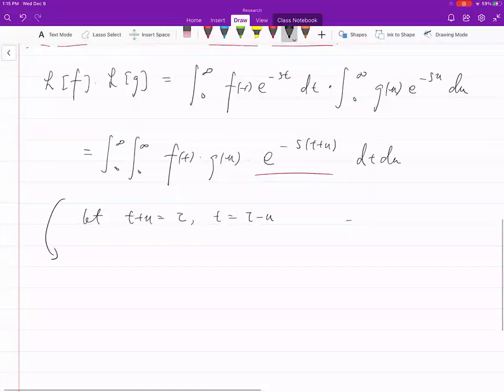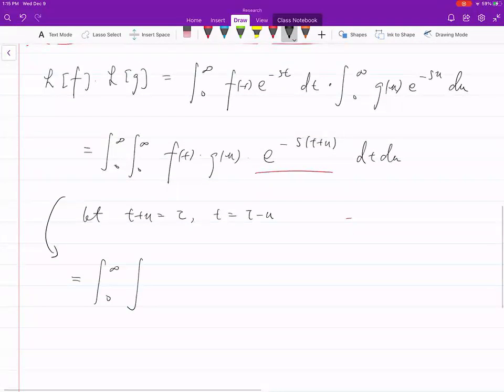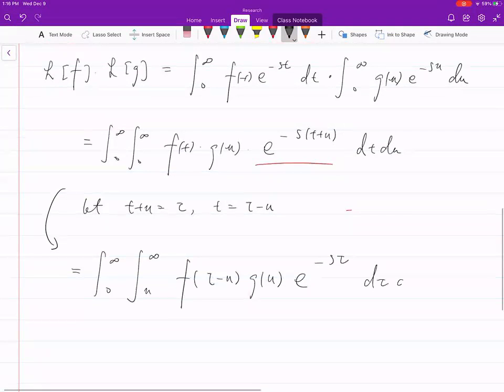And once you change that, this becomes the integral from 0 to infinity. t goes from 0 to infinity, so tau goes from u to infinity. f(tau minus u) g(u) e to the negative s tau d tau du.